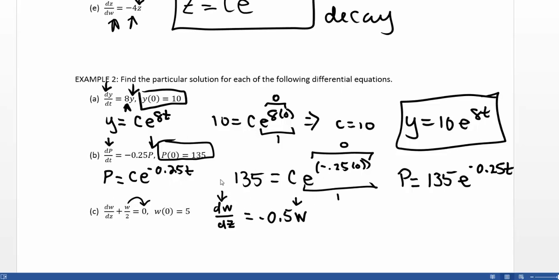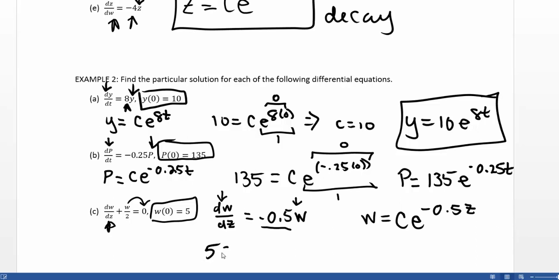Our dw, w is our dependent variable, and that's what's on the right. So we do have exponential decay here, decay because our k is negative. So we have w equals CE to the negative 0.5 z. Notice here that z is our independent variable. So if we want to solve for our specific particular solution, we need to use our initial information.